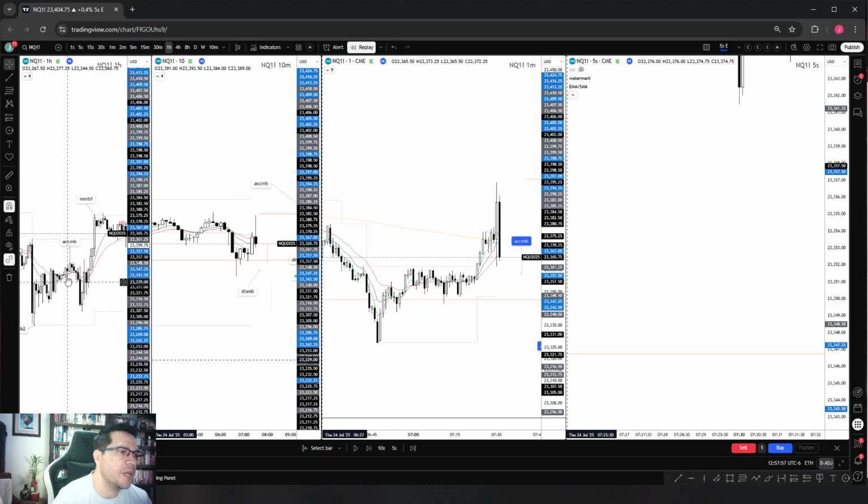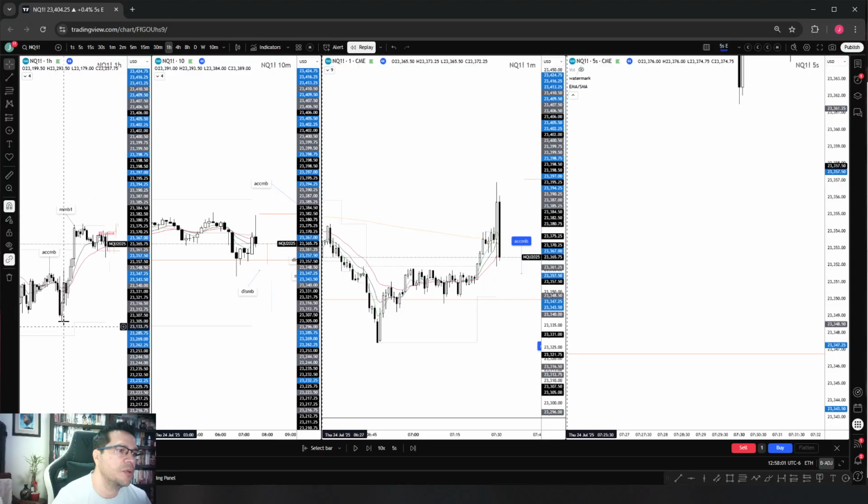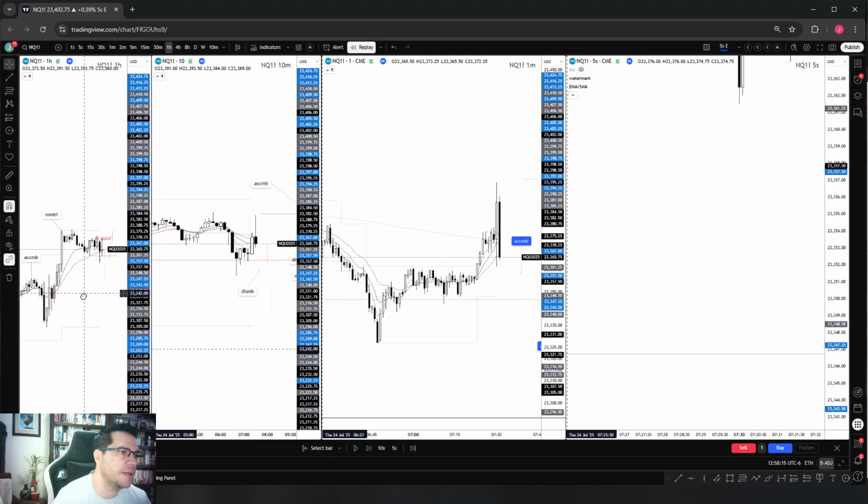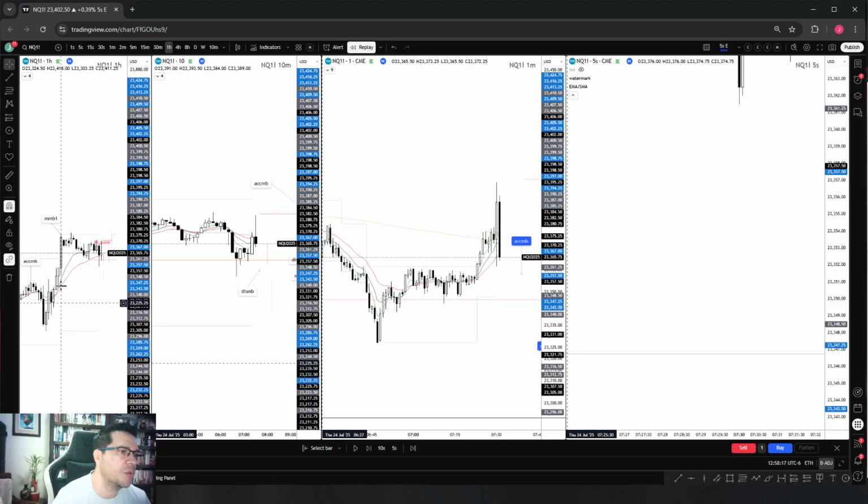In this case we had an accumulation right here on the 1 hour, which was validated right here around midnight, and then it went above and traded there yesterday, today early in the morning.